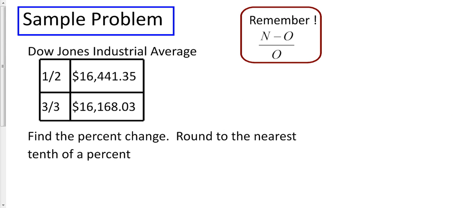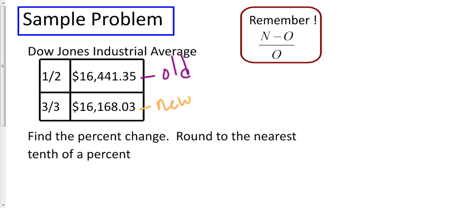All right, let's take a look at another example. Here's the Dow Jones on January 2nd. It was roughly 16,400, and on March 3rd, it was a little over 16,100. So 16,400, since this is the previous date and time, that's the old amount. And since this is the most recent one, this is the new amount.